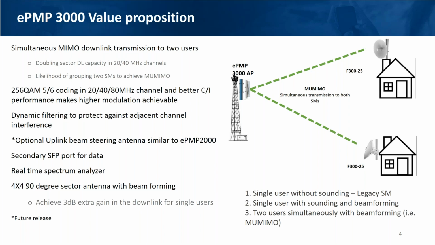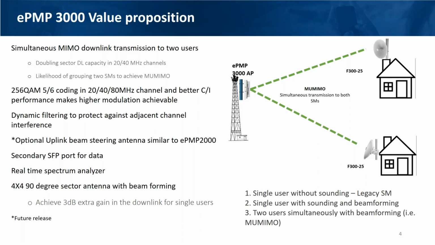This beamforming in the downlink is a little different than what we call beam steering in the uplink. In the uplink, you actually have an active antenna that is creating narrow beams and dynamically switching them back and forth between different subscribers to create a narrower channel in the uplink, so that the 90/126 degree sector would not pick up as much interference.